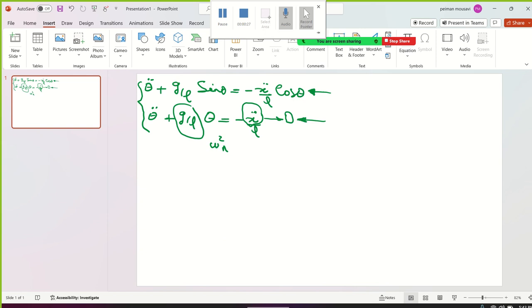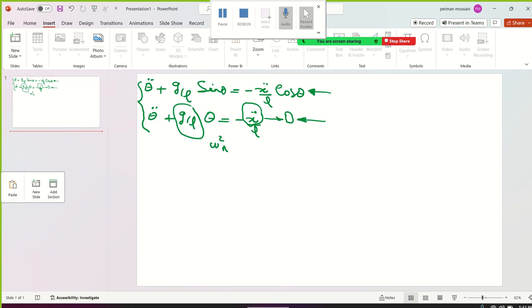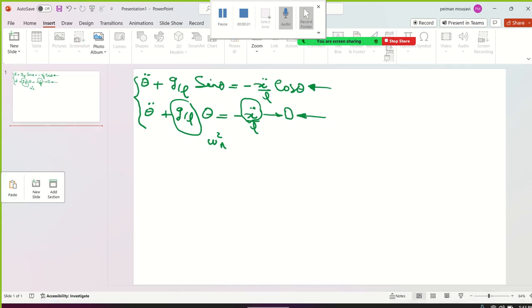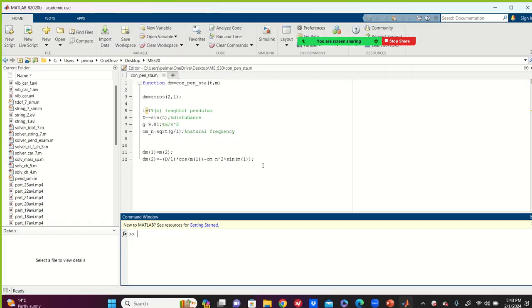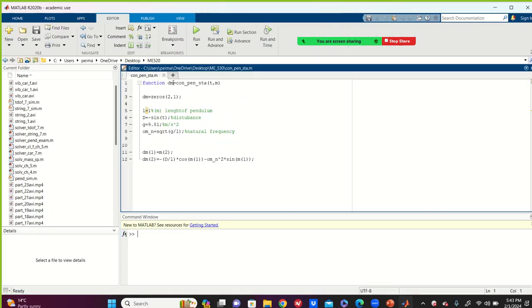So let's go to MATLAB that I started in the previous class. Here we go. This is the code that we started: control pendulum stability problem. As we know, it is internally a marginally stable system, and this is the length, and this is the disturbance, minus sine.